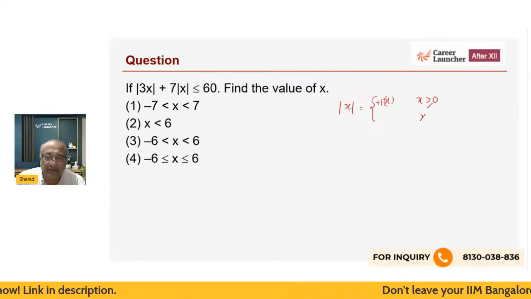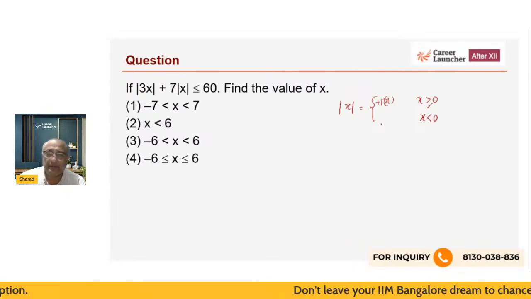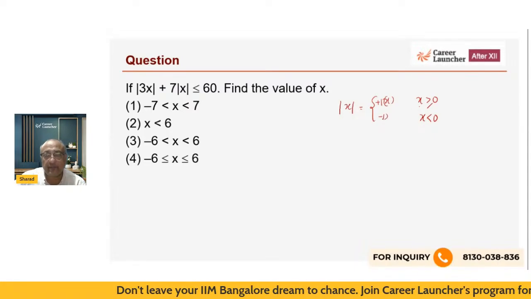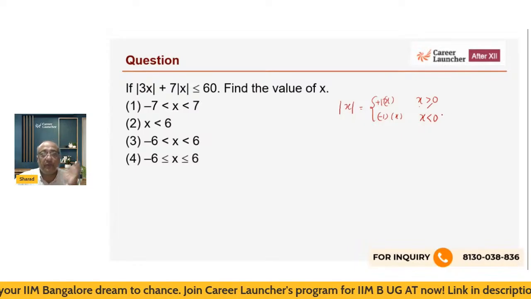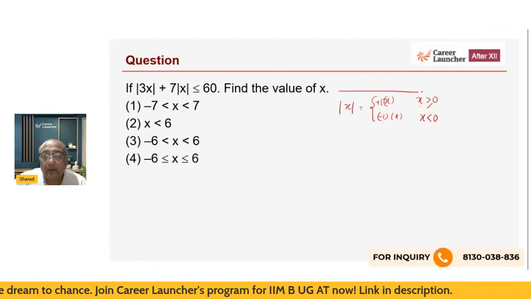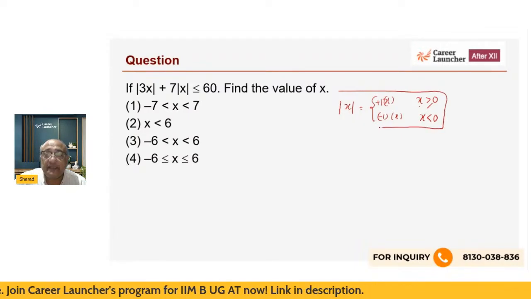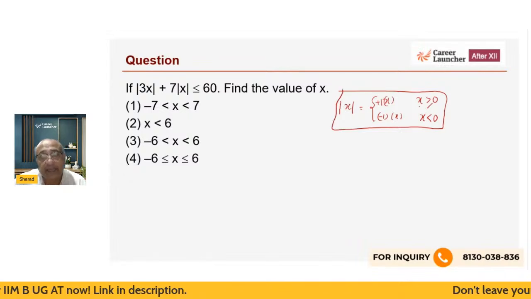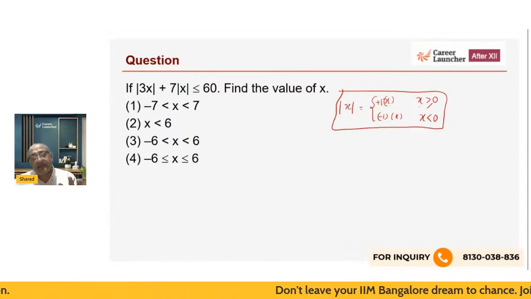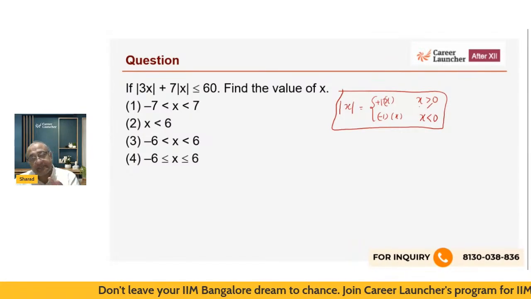Equal to 0 is trivial, you can ignore it, or you can write it here or here, whatever choice you have. Otherwise, minus 1 times x. So this is a 2-in-1 function. Always remember, whatever is written inside the modulus, when it is positive, I'll multiply the entire stuff inside the vertical lines with plus 1. And the other, when it is less than 0.